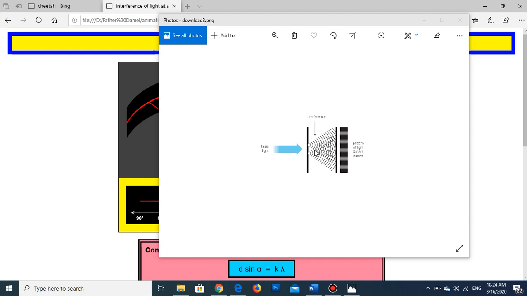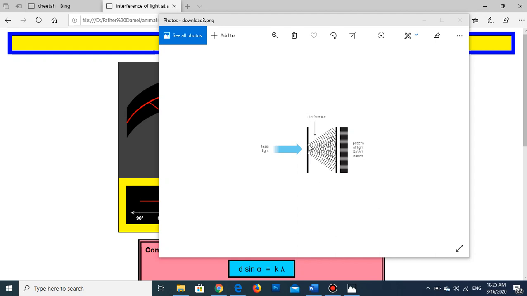What is meant by coherent? Coherency means that when you have two waves, either they are in phase or they have a difference in the phases between them, but this case must be stable with time. So if they start at these two points as in phase, they must remain in phase.